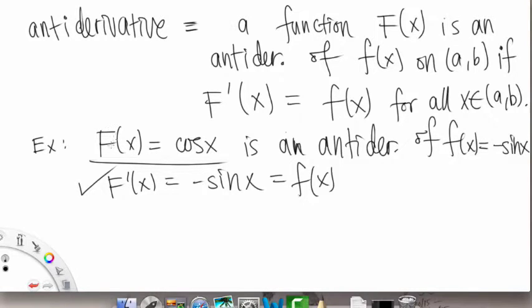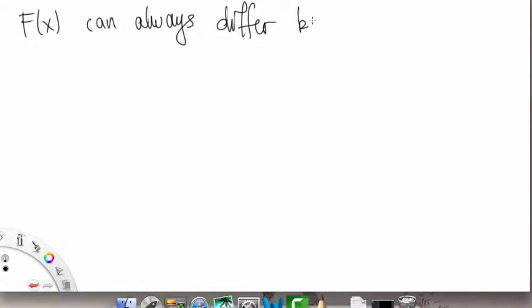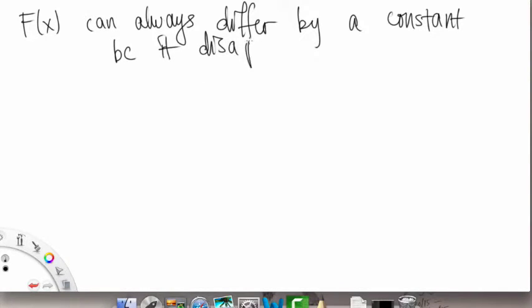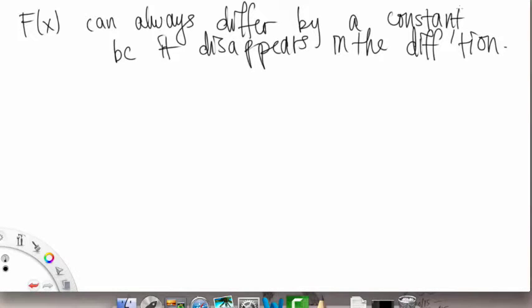The capital F of x can always differ by a constant, meaning a number, because that disappears in the differentiation. So let me show you an example of that.